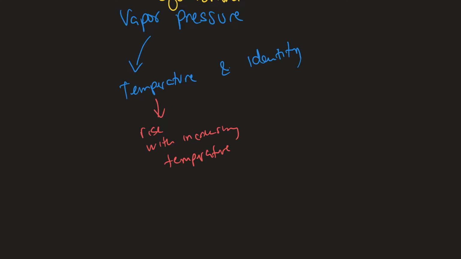Because that simply means that the substance is not easily able to go to the gas state. And the intermolecular forces, just like we stated in the previous video, the strength of it also affects the boiling point as well.